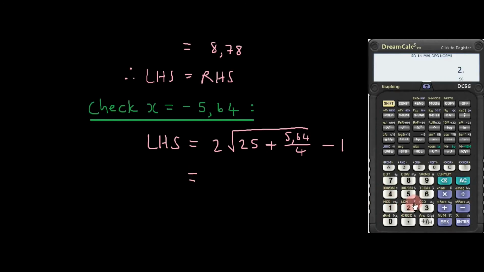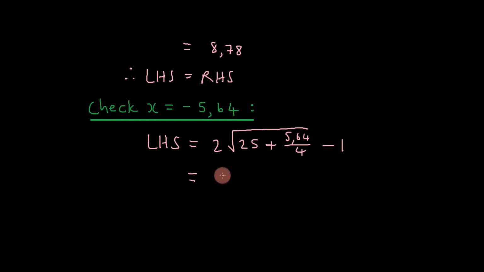So let's see what this comes to. And it comes to 9,30 rounded to 2 decimal places.